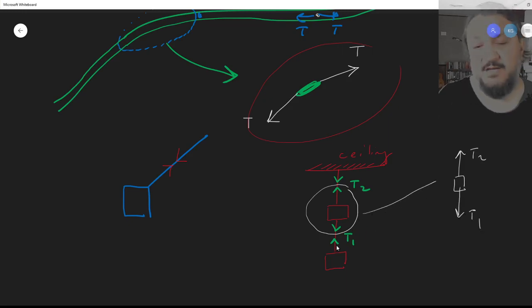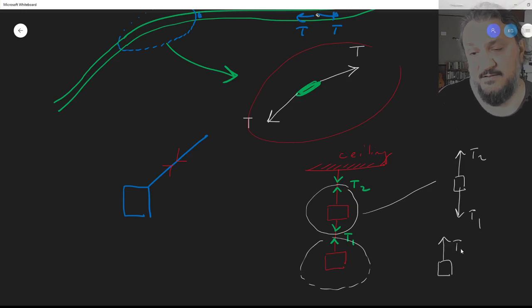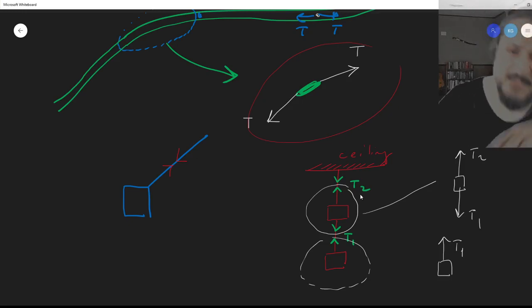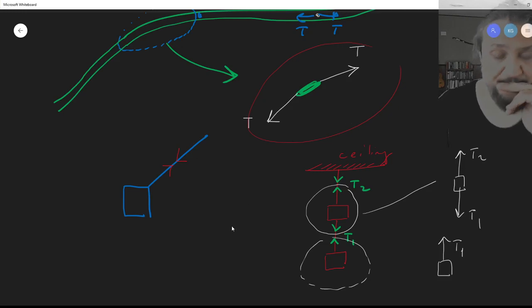So if I want to isolate this guy here, then I just have T1. I don't care about T2. That's what isolation means, right? So please don't get confused if you see those double arrows. That's simply about this nature of tension force in the strings and ropes and chains and wires, all right?